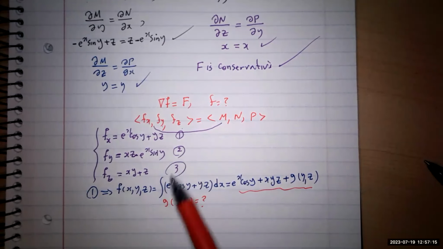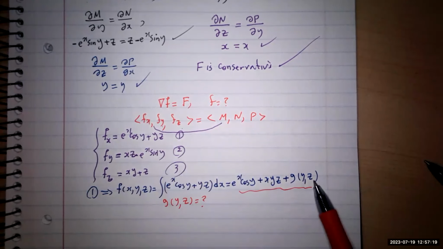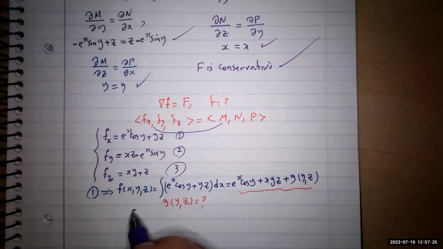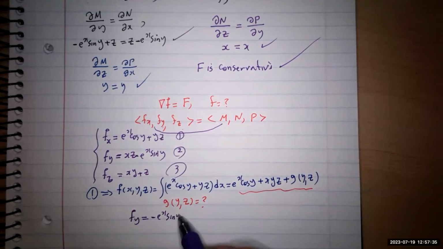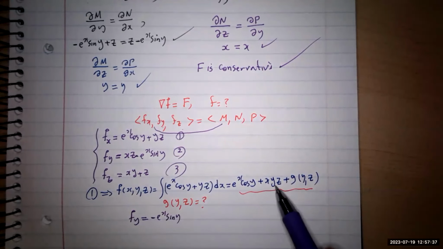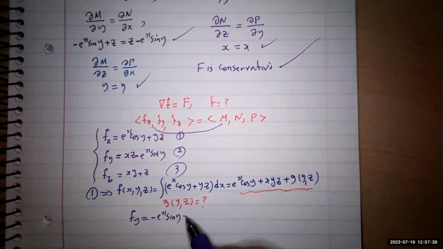So to get the 2, you have to differentiate this one with respect to y. So find f of y. The derivative of cosine gives a negative sign, so that gives a negative e to the x sine of y. And the derivative with respect to y of xyz would be xz.